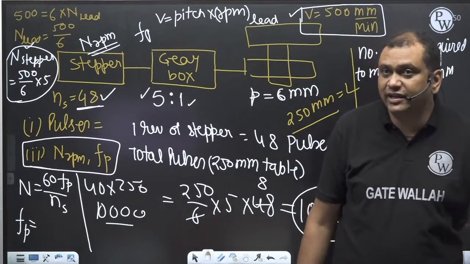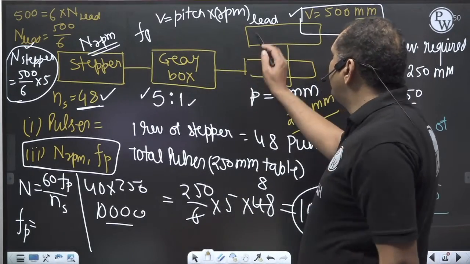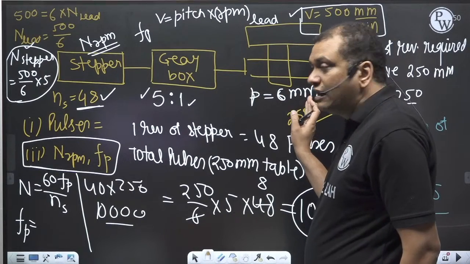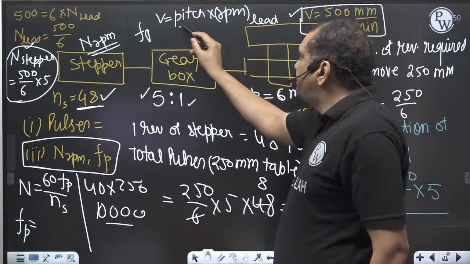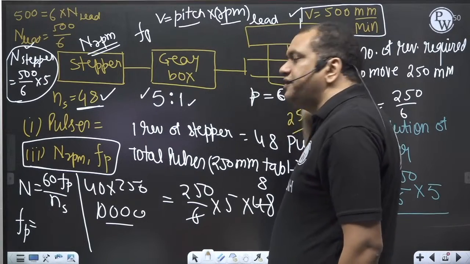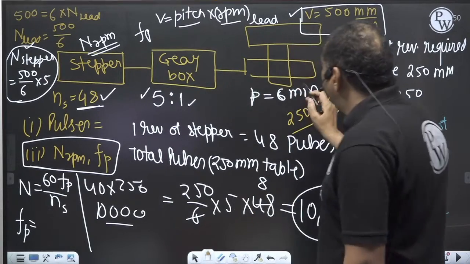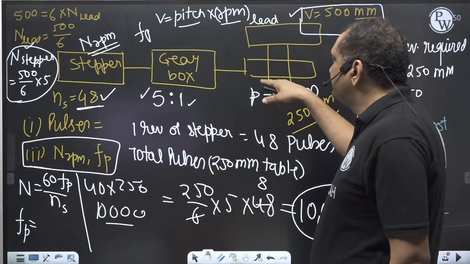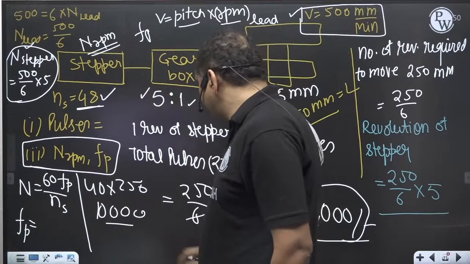Once again, the velocity of the lead screw is given to you. This velocity is nothing but pitch into RPM of lead screw. So pitch is given, velocity is given, I will calculate the RPM of lead screw.